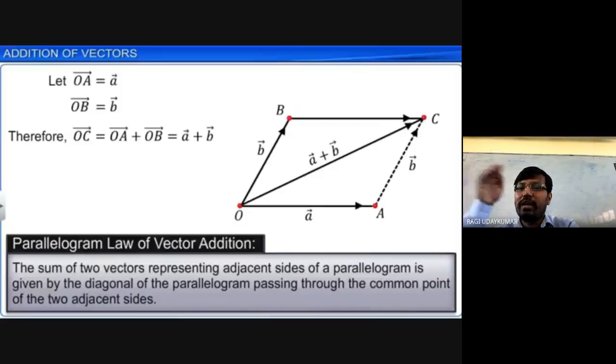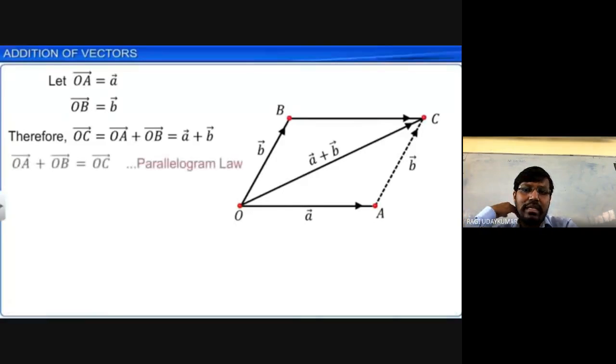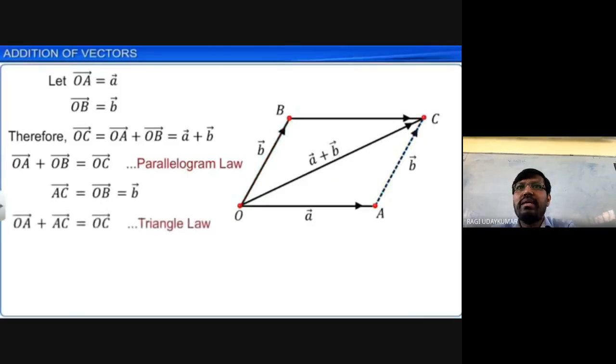So side by side, if two vectors are given, the diagonal is A bar plus B bar, and it is called the parallelogram law. समझ में आया ना? Because the distance AC and the distance OB are the same, that's why it is called a parallelogram law, and it is B bar.